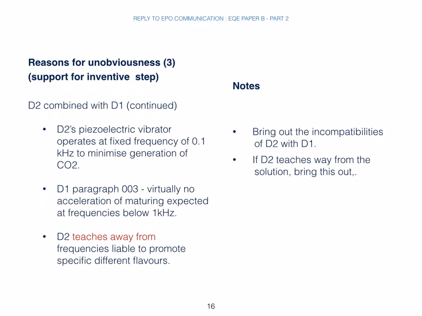D2 teaches away from frequencies liable to promote specific different flavors. So, as notes, what we are doing here is bringing out the incompatibilities of D2 with D1, and if D2 teaches away from the solution, we need to bring this out. So we will continue with the reasons for incompatibility.